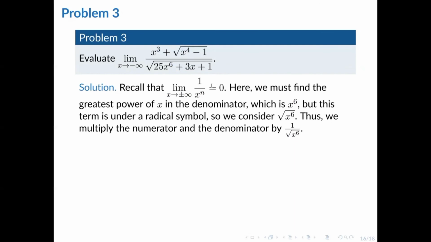So recall that the limit of 1 all over x raised to n as x approaches positive or negative infinity is equal to 0. So we must find the greatest power of x in the denominator, which is x raised to 6. So since this is under a radical symbol, we will consider square root of x raised to 6.